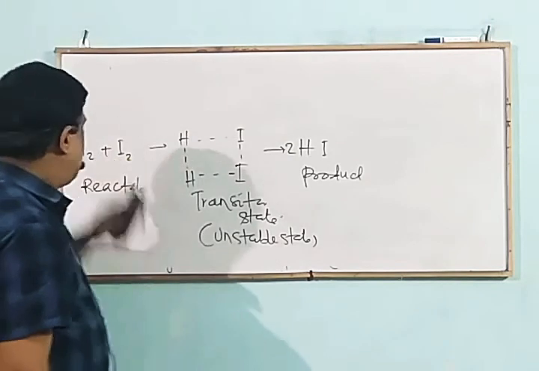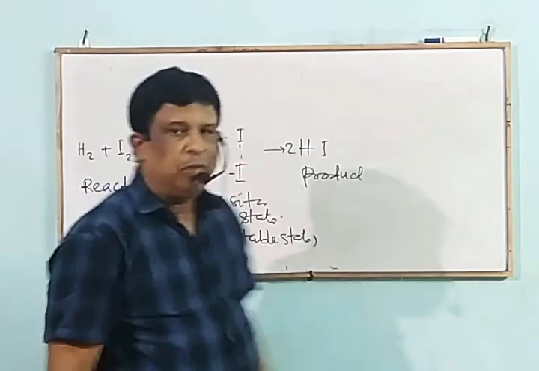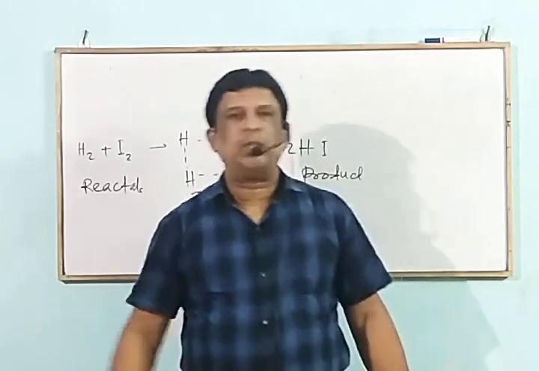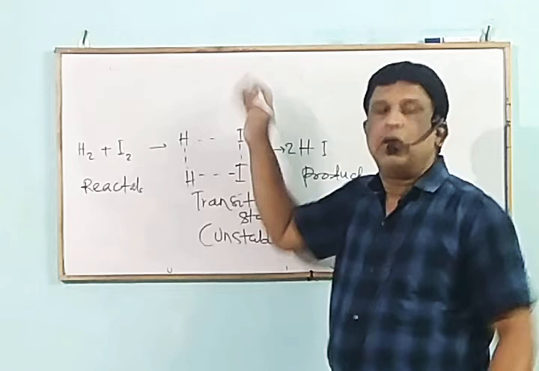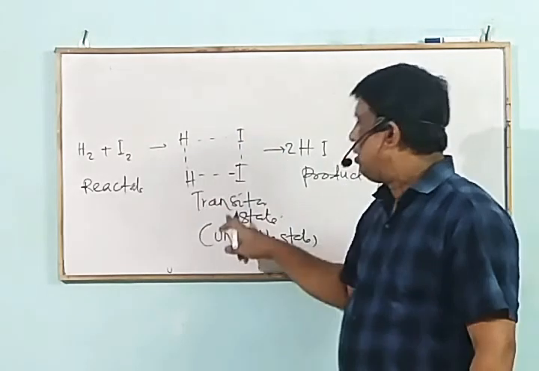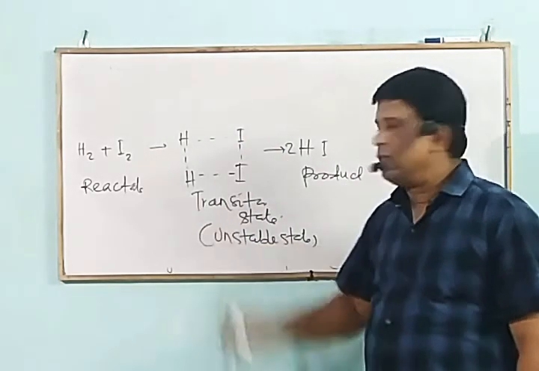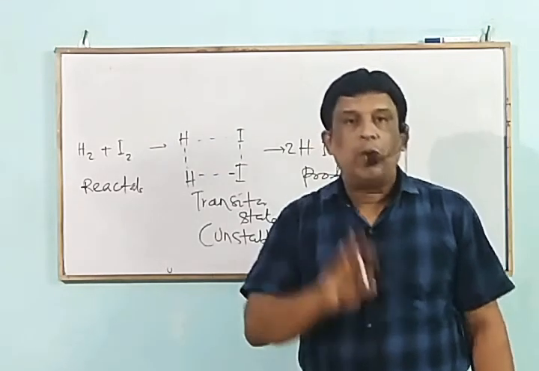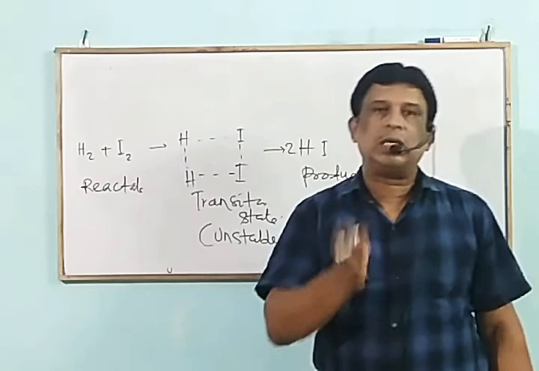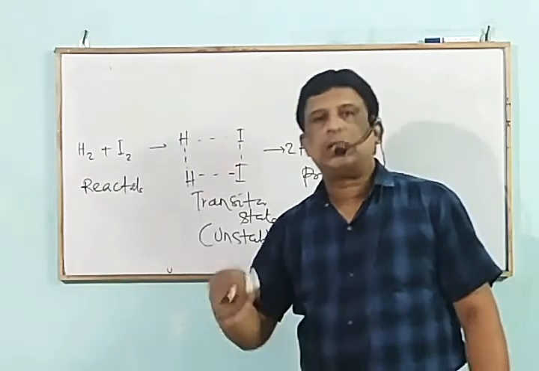When hydrogen combines with iodine, by gaining the desired energy from another source, it jumps over the energy barrier, possesses maximum energy content, and forms a transition state. In this transition state, old bonds are broken while new bonds are formed.